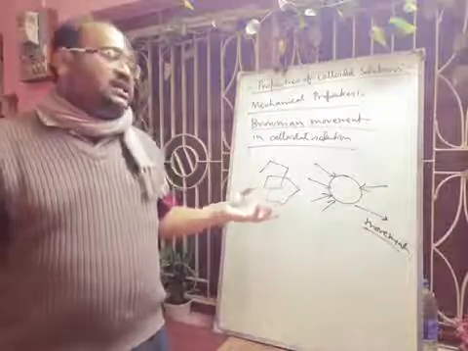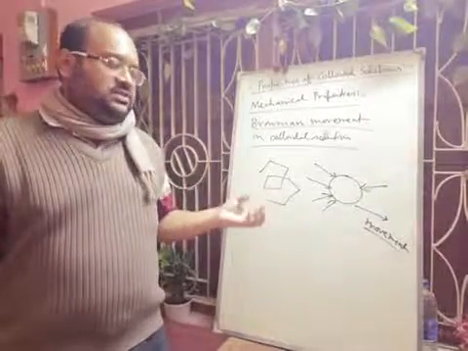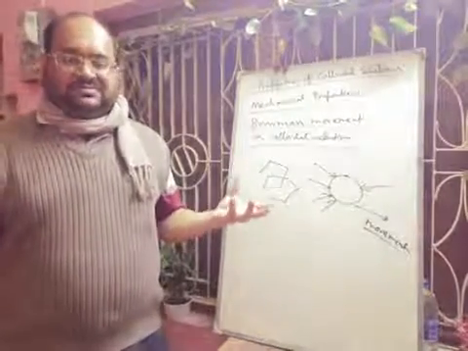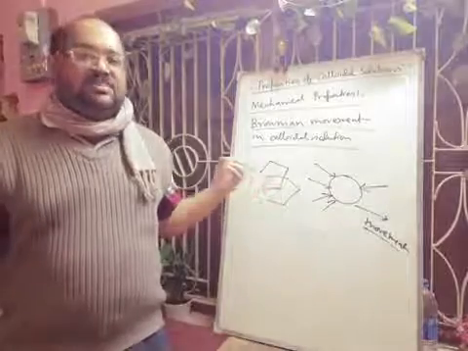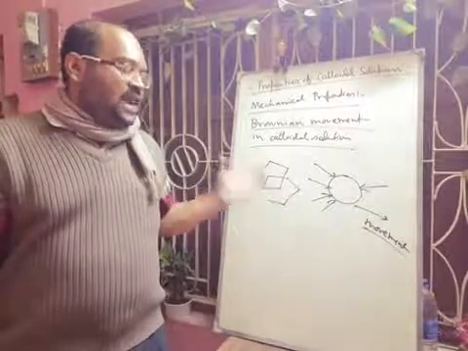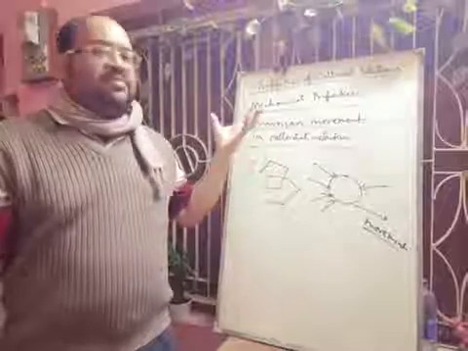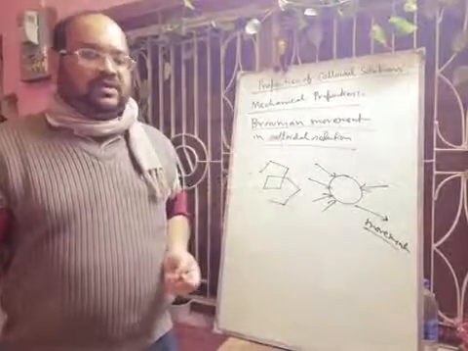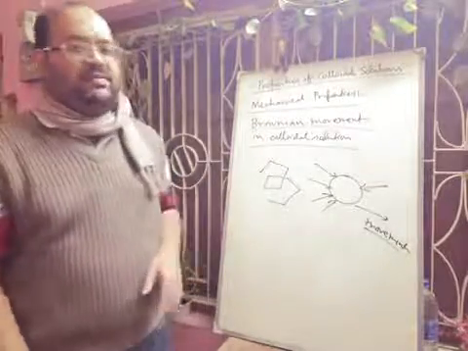So we know that if we keep the colloidal solution for a long time, then there will be no precipitation, and this stability is coming because of this Brownian movement of the particle. So these are the mechanical properties.